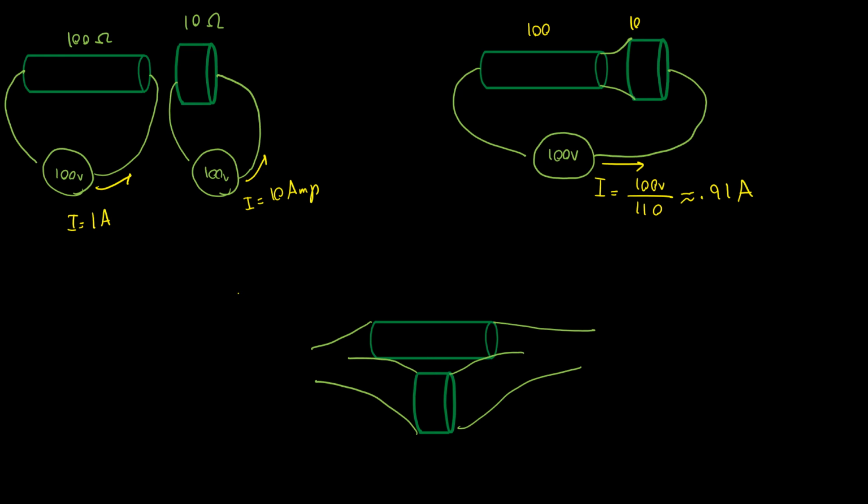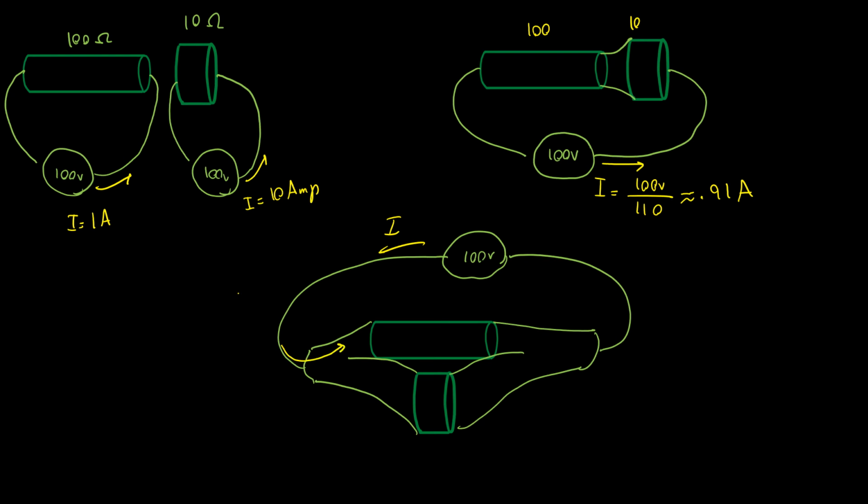Now let's see what happens when I connect them in parallel. So I know I'll be getting this I over here, and it will split into I1 and I2.